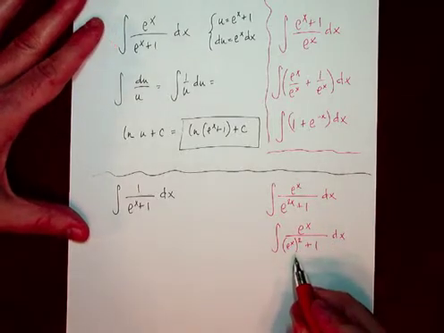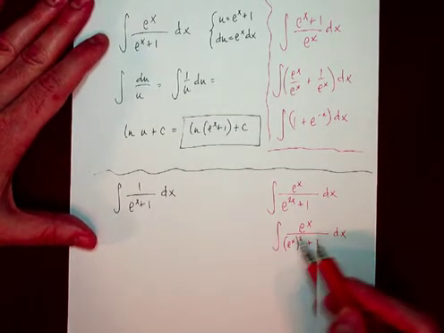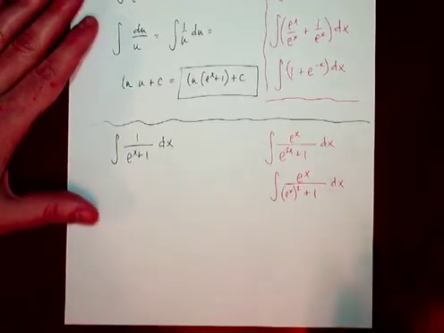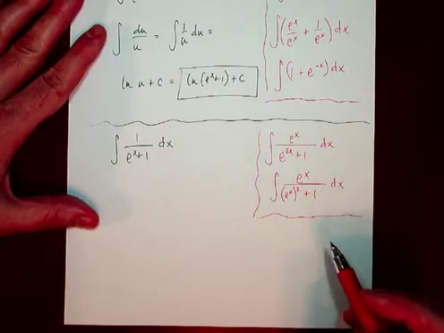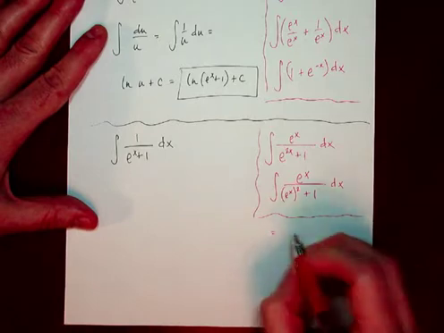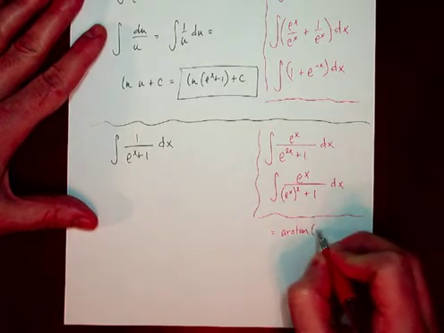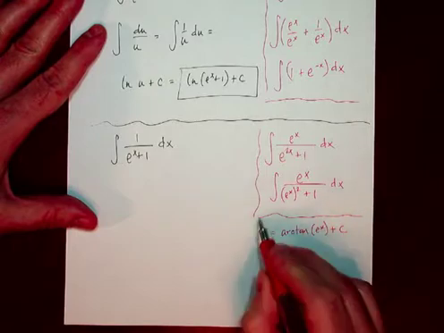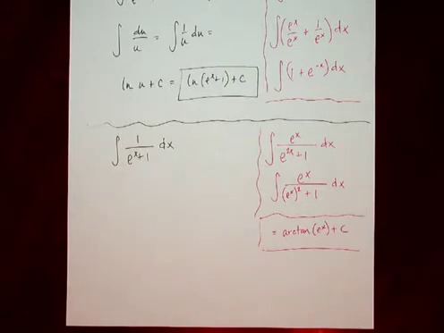I would use my rules of exponents to transform e^(2x) to (e^x) squared, and that allows me to identify the arctan. That would basically be arctan of e^x plus c, and that would be your integral. This one, however, takes a little bit of, let's say, love in order to get it to where we need to be.